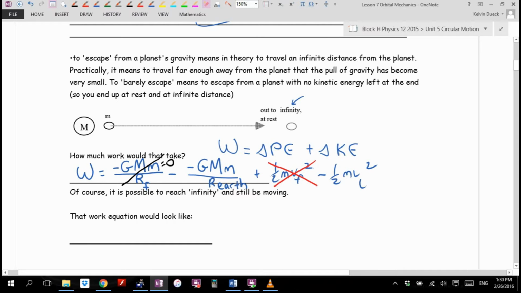Or if you want it to still be moving, big G, big M, little m over R Earth plus a half mv final squared minus a half mv initial squared.